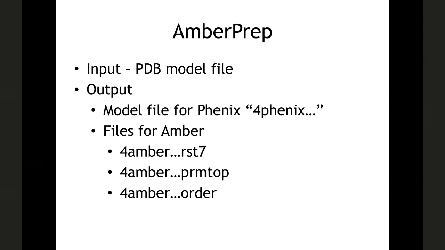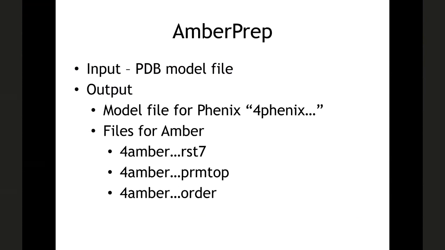There are 3 files that Amber uses. We are hoping to reduce that too. But you can see the first one is RST7. This is a coordinate file, and it is a format that the Amber modules require. The second file is the parameter file.